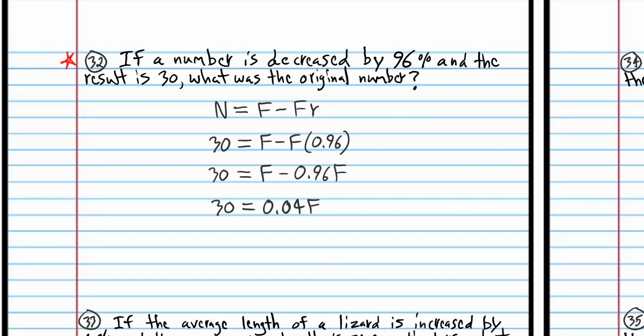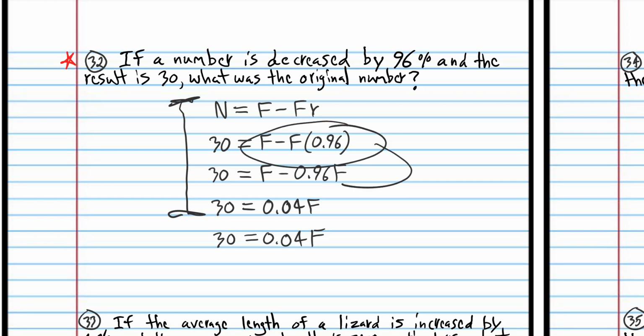So now, of course, we can just rewrite because we're going to perform an operation on both sides of the equation. Please understand that from this point all the way down to here, we didn't perform an operation on both sides of the equation. What we did, from here to here, is we just simplified the equation. Whenever you simplify something, you don't have to rewrite the equation because you're not performing an operation on both sides.